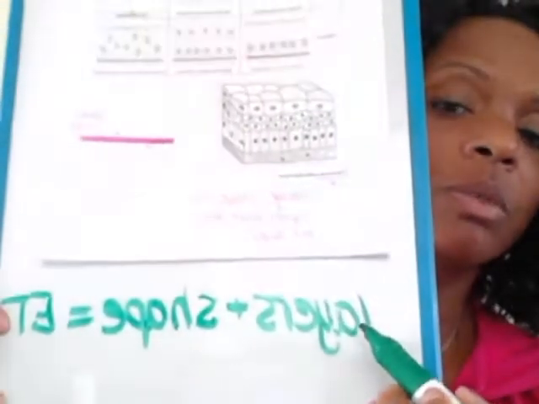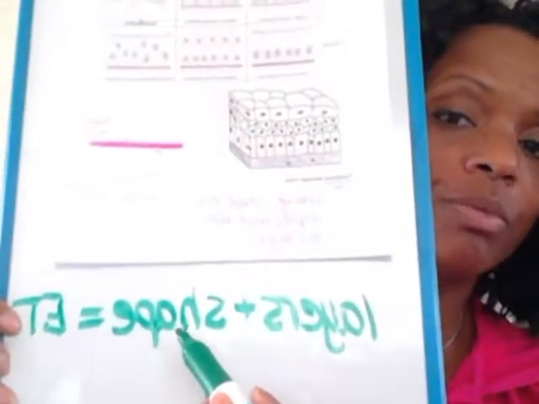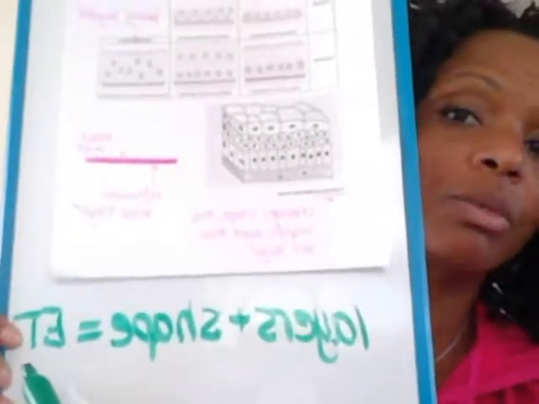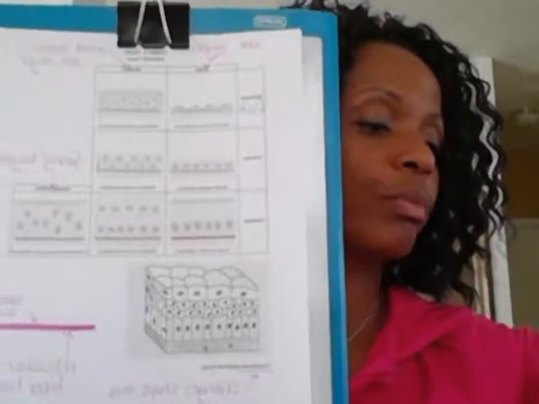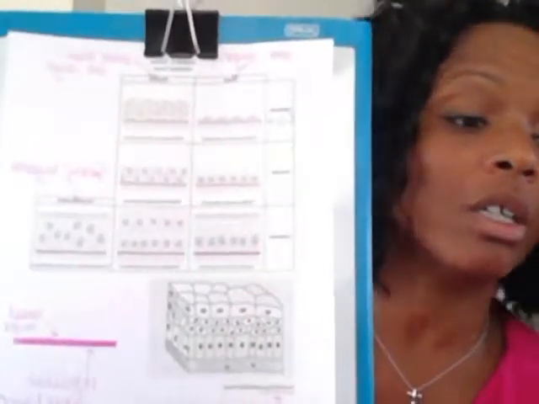Number of layers, shape of the tissue, and then add epithelial tissue at the end. So then for the next box, the shape of the tissue are cubes. It's cube-like, thus the name is cuboidal. So here, attached to the basement membrane, I only see one layer.